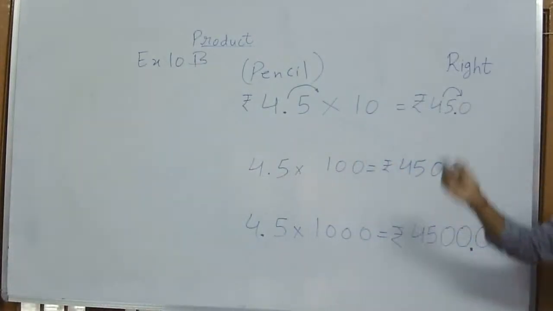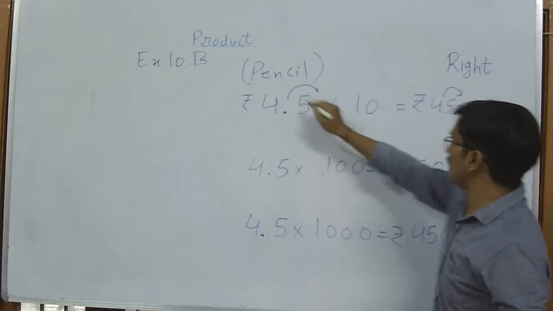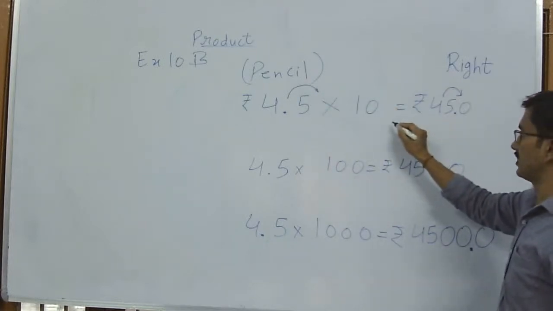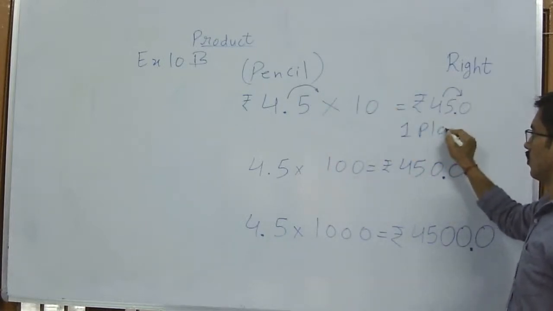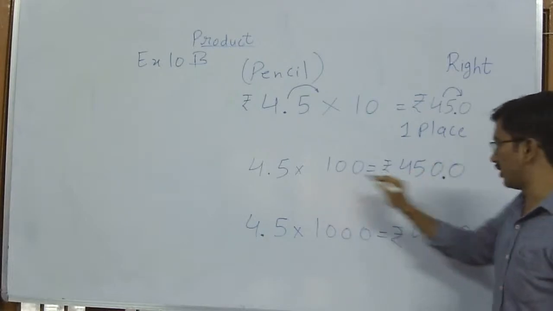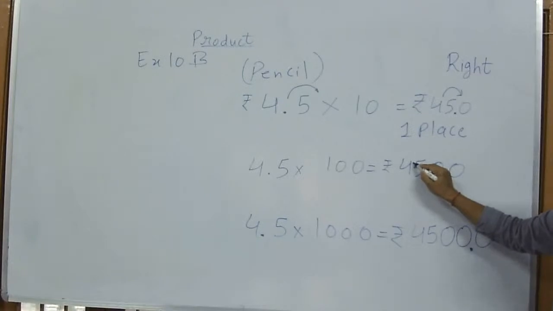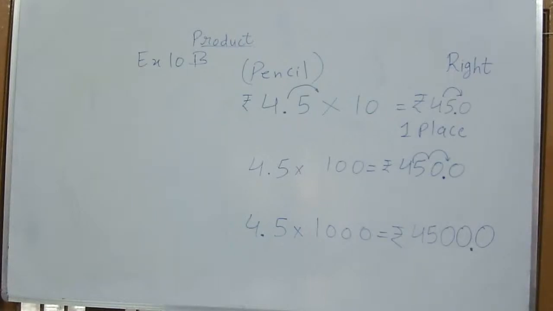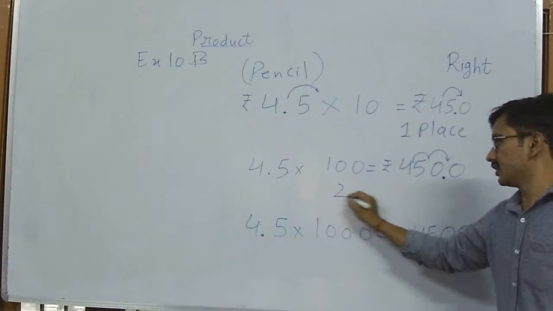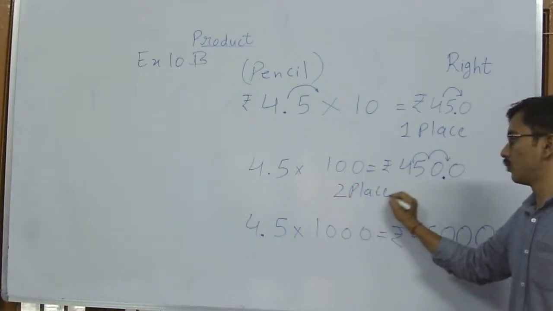In the first one, it jumped only one place. In the second one, the point was between 4 and 5, now it jumps two places.